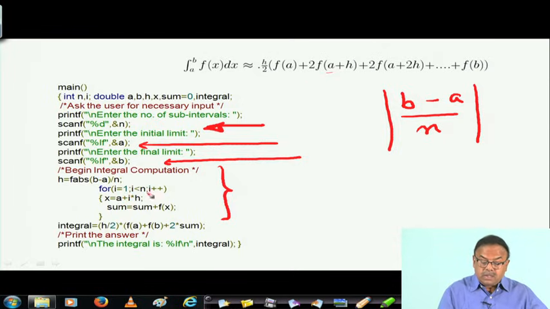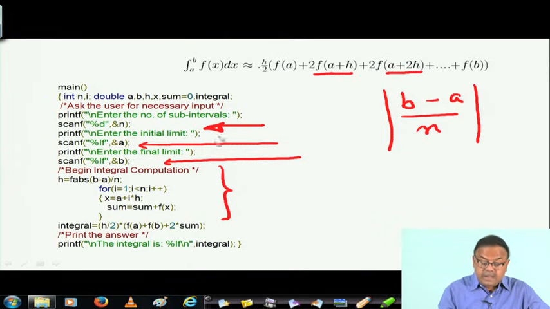So, 1h, 2h, like that I am going on, and ultimately I am computing the sum, sum plus f(x). Note that f(x) is a separate function that has been kept somewhere here, and then ultimately I find the sum of these points, a plus h.